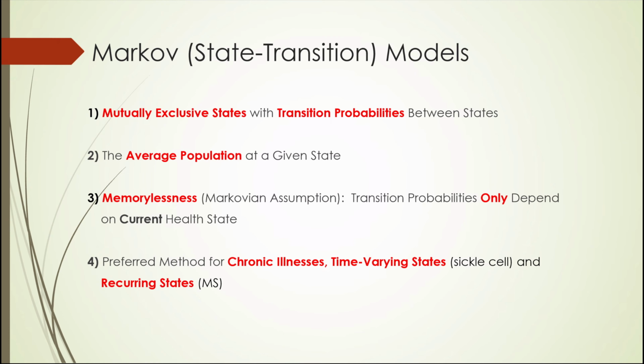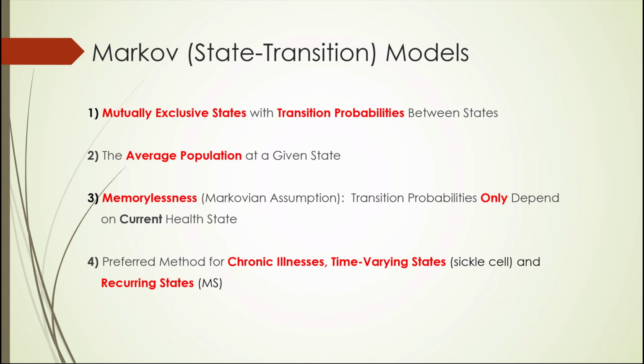Markov models are also called state transition models because they divide the population into mutually exclusive states, and there are transition probabilities between those states. When it comes to Markov models, we do it on a population, so the average population in a given state is what we capture.